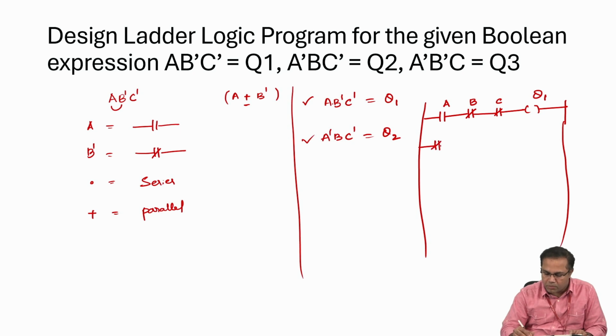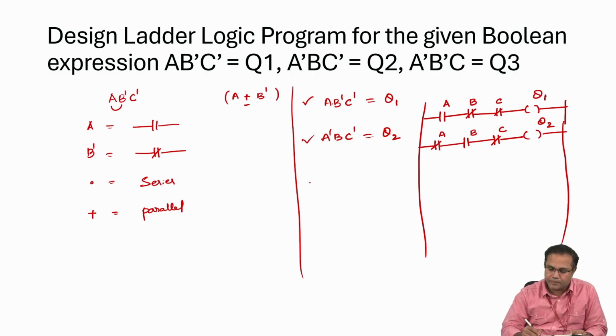A in its complement form, in series with B, which is normally open because there is no complement here, and then in series with C complement, followed by Q2. So Q2 follows the logic A complement, B, C complement.